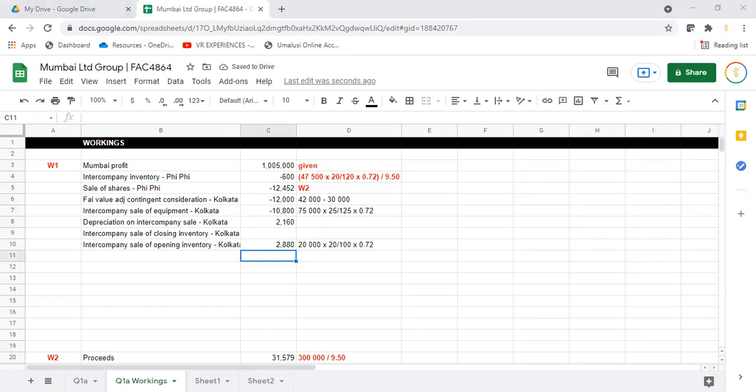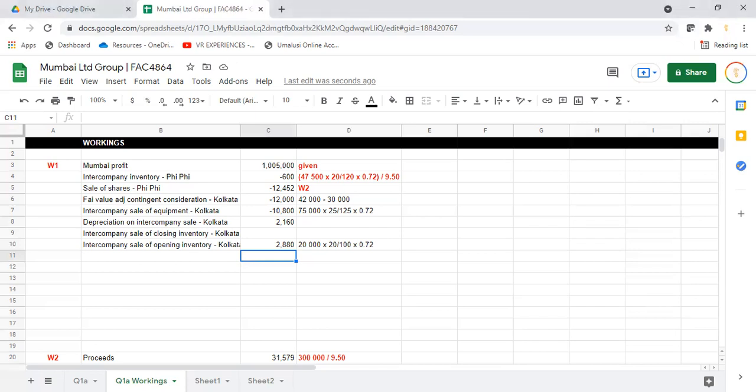Now for the closing inventory. What is the closing inventory? If we go to the balance sheet on Kolkata, because all inventory is from Kolkata, we go to the balance sheet inventory. Where's inventory? Okay, here's inventory. Under Kolkata, the inventory is at 45,000 Rand.